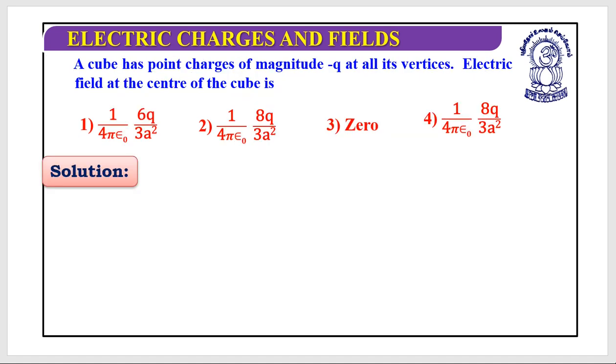What they have given is a cube. A cube has a point charge of magnitude minus q at all its vertices. Now you need to find the electric field at the center of the cube. What can be done?